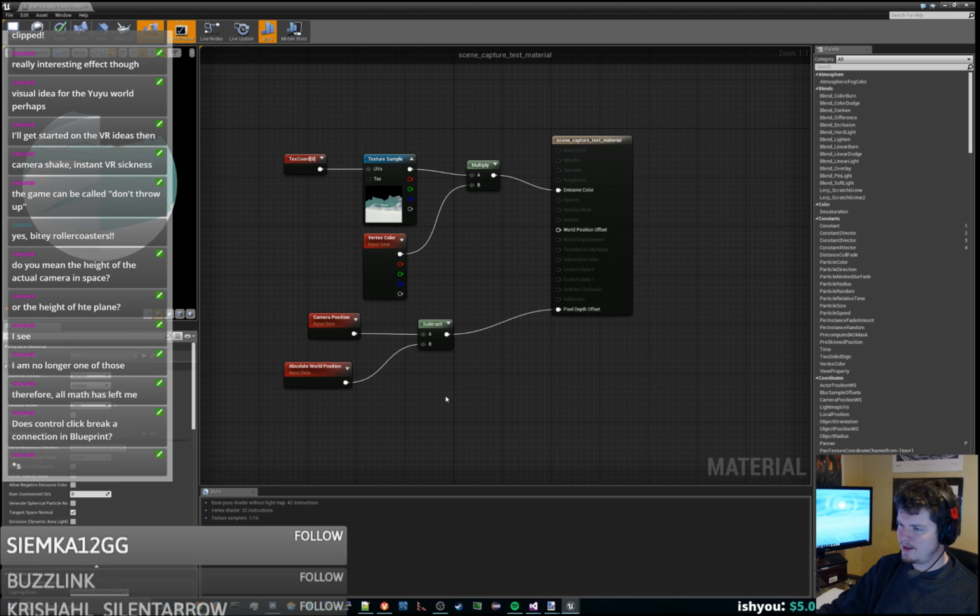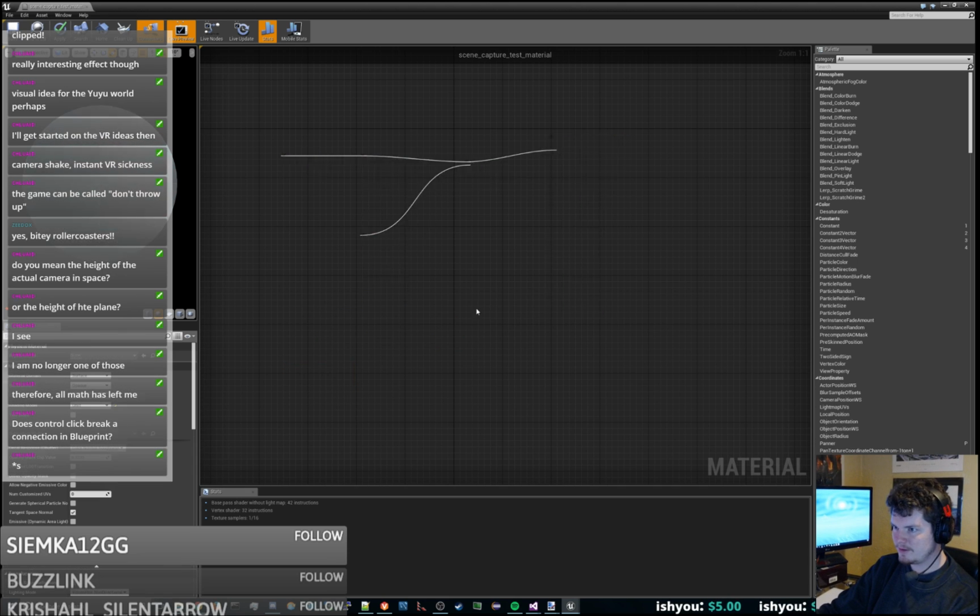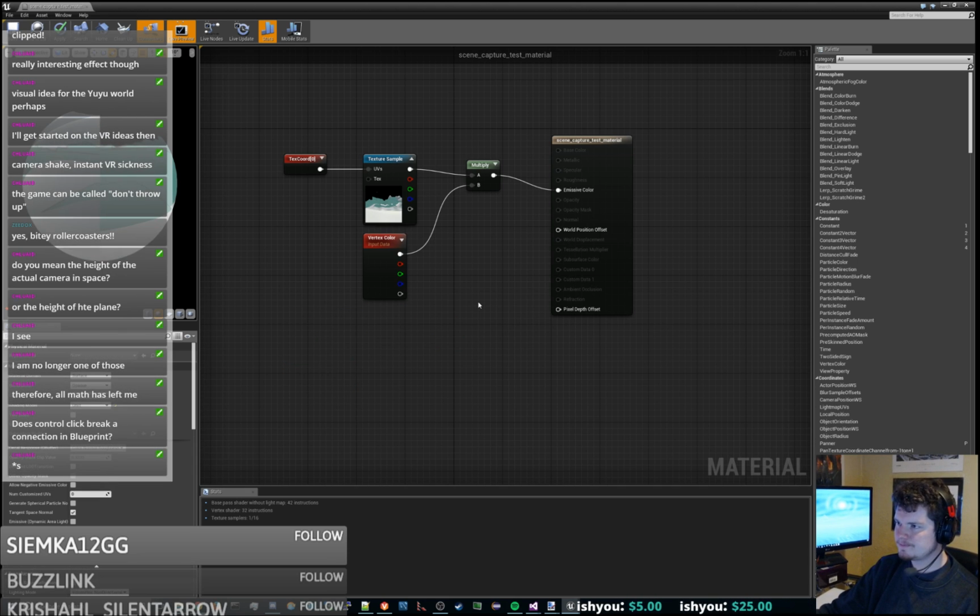I have absolutely no way to debug this. That's not good. It's not good at all. So what I want to do is change the depth test to use a different number.